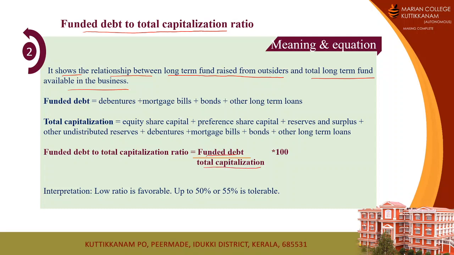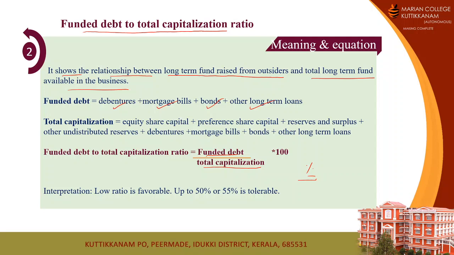If you want to express this ratio in percent, you just need to multiply the answer by 100. And what all items come under funded debt? It includes debentures, mortgage bills, bonds and other long-term loans.